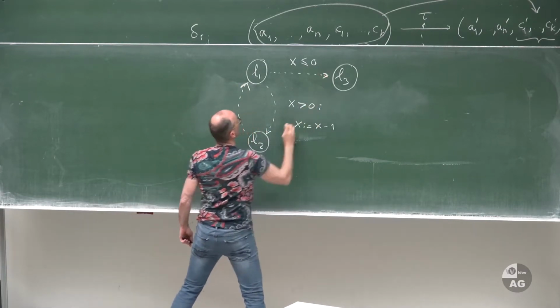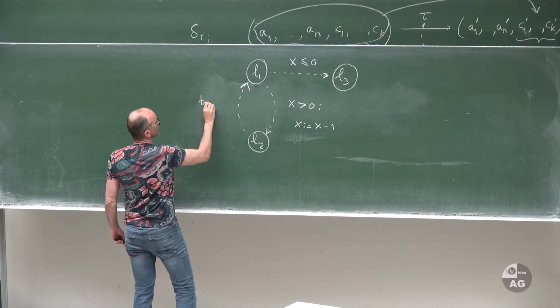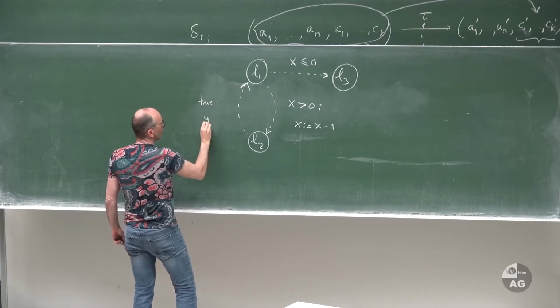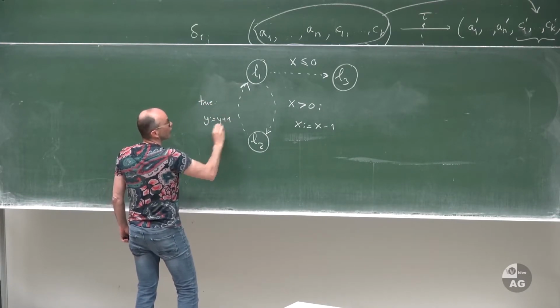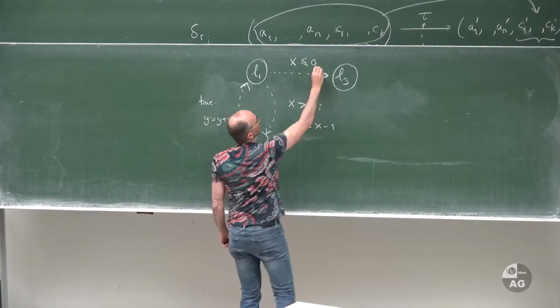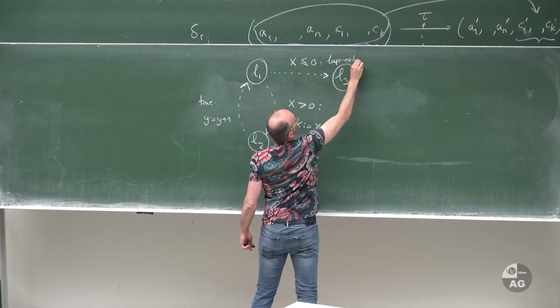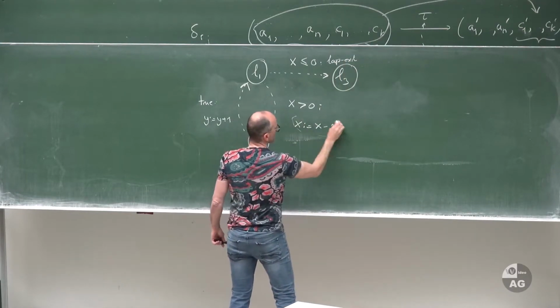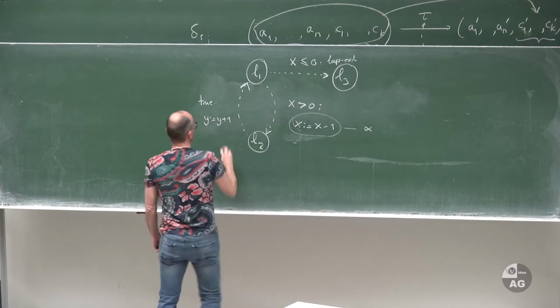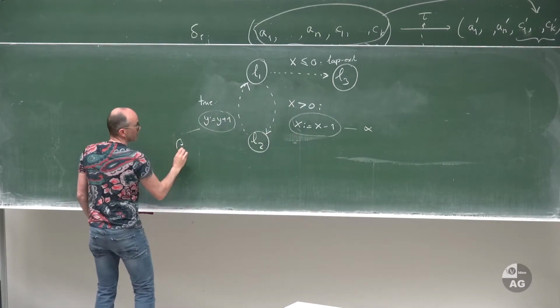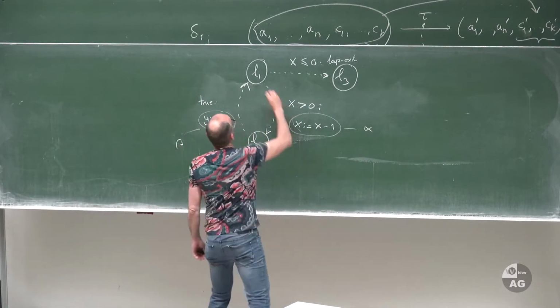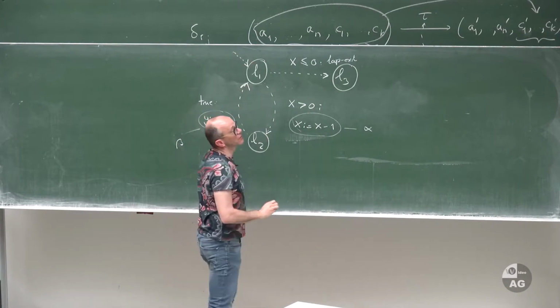And here we said true, basically, and then we do y becomes y plus 1. And here we basically said something like loop exit. This was called alpha. This action was called beta. So this was the initial location.